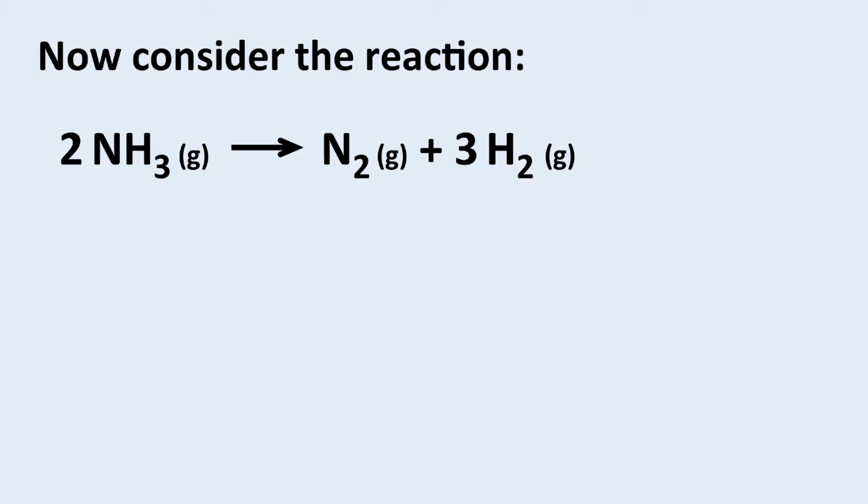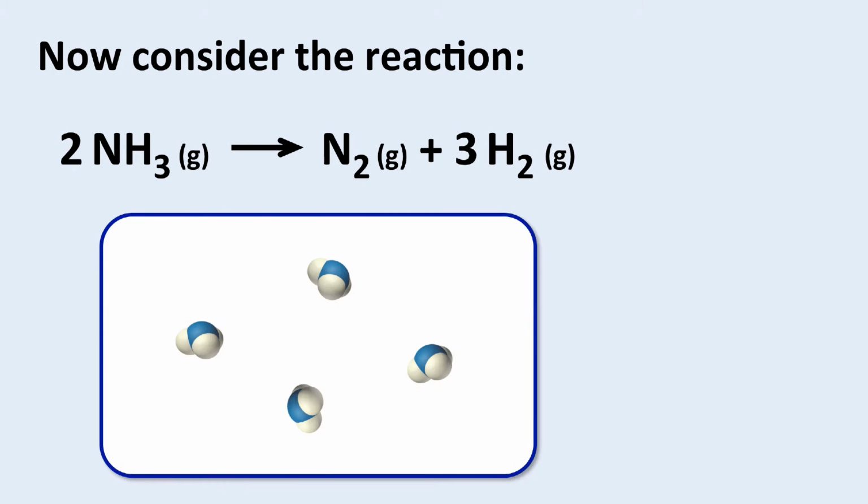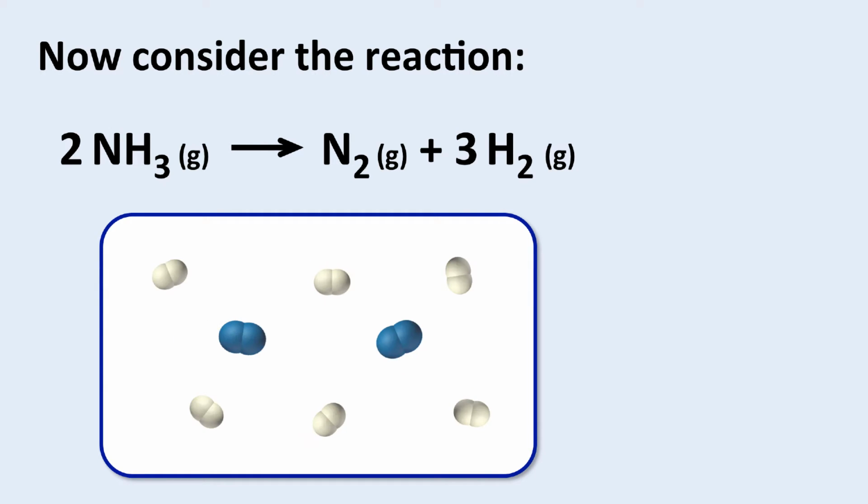Now, let's consider essentially the same reaction, but in reverse, ammonia, NH3, making its elements nitrogen and hydrogen. Essentially we could do the same thing in reverse. If we put some ammonia, NH3, in a container in a situation where it could react, it may react to make nitrogen and hydrogen.